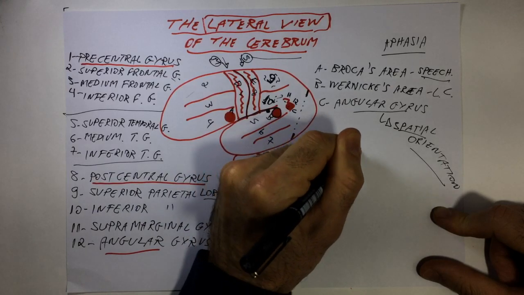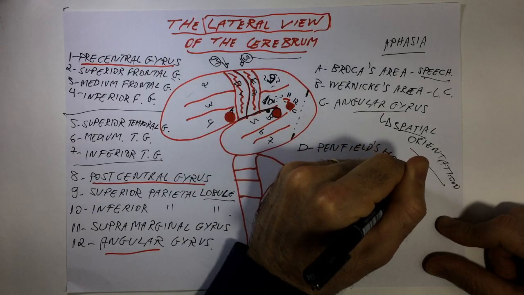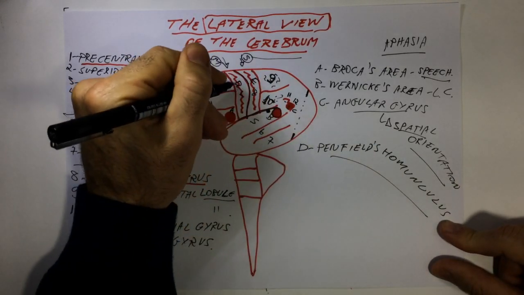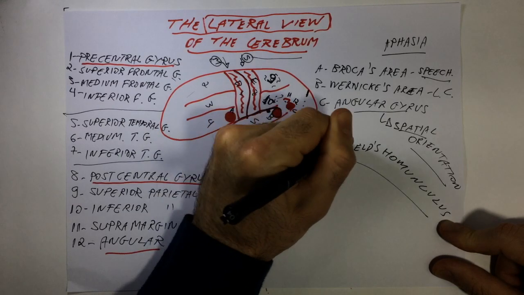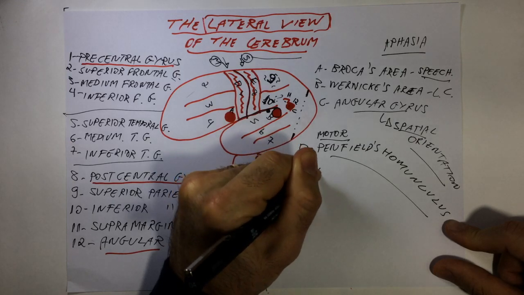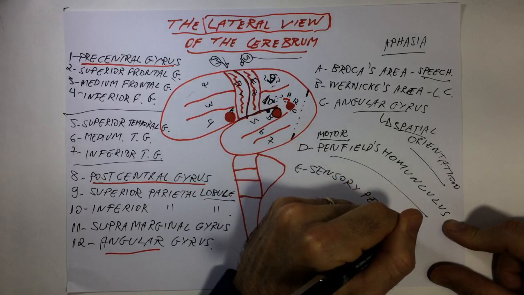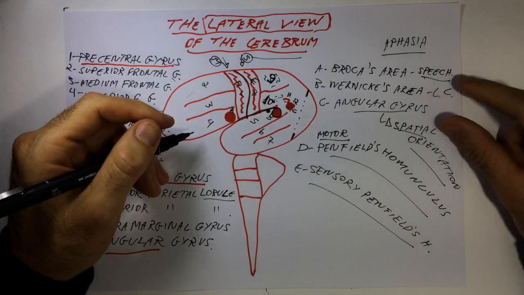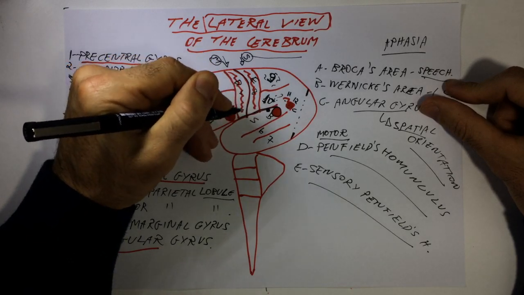D would be the motor Penfield's homunculus, and E would be the sensory Penfield's homunculus, which means that we can move our body because we have this area here, the motor Penfield's homunculus.